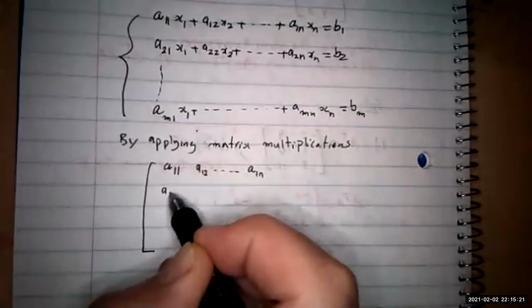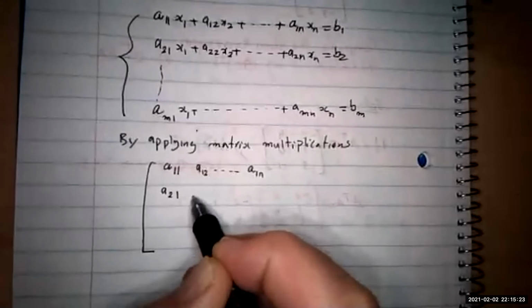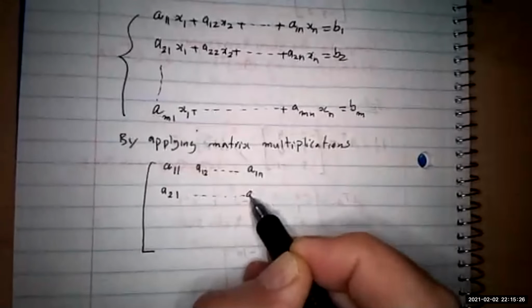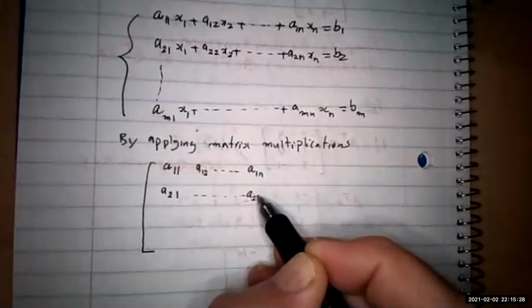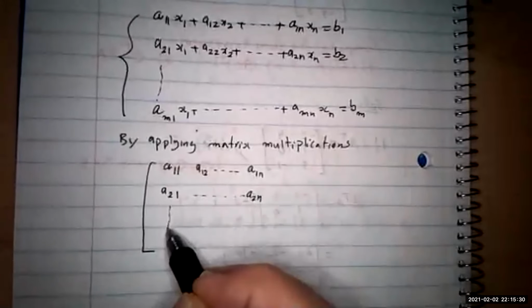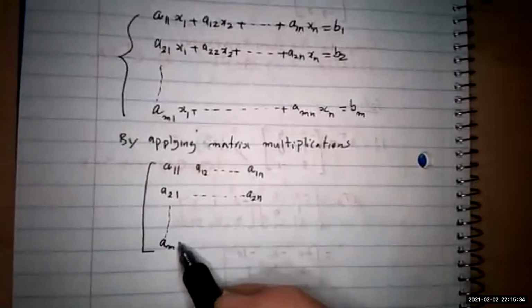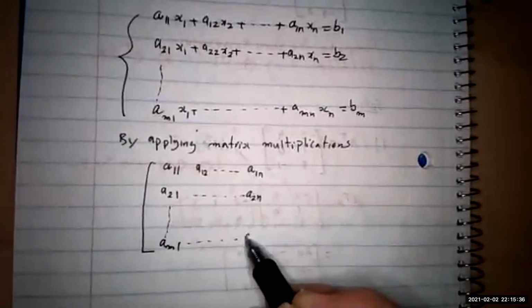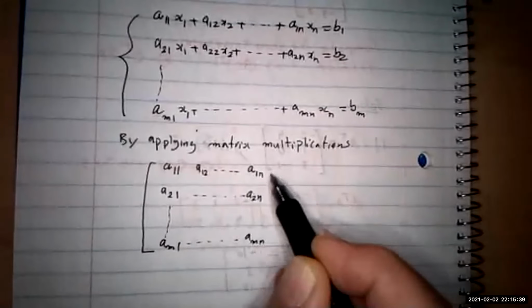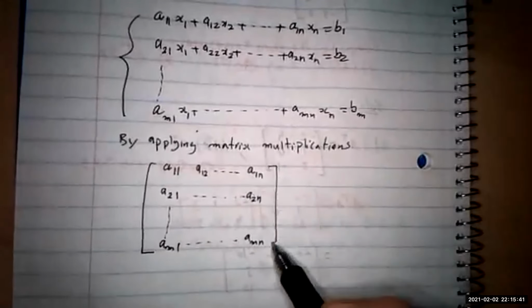Then this is a21, going up to a2n, and we continue. The last one is am1, am2 to amn. This is the matrix of coefficients.